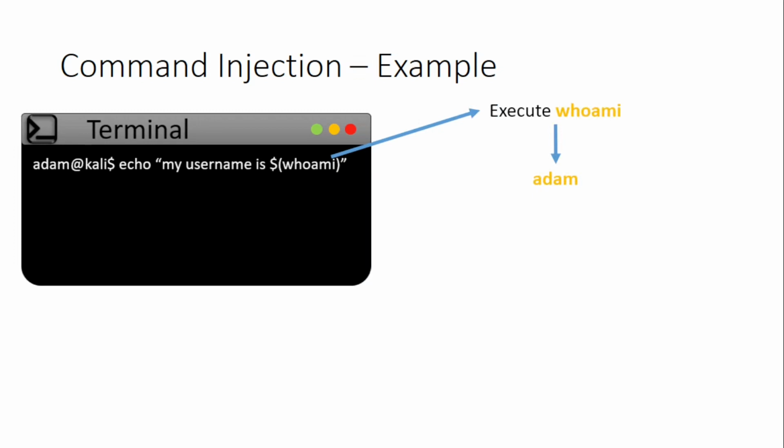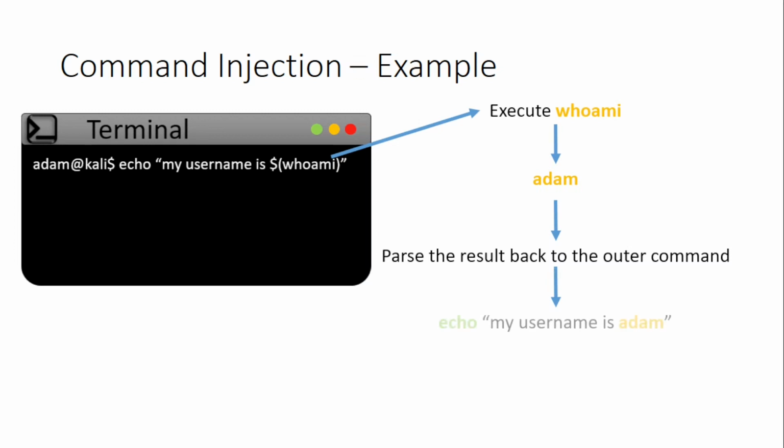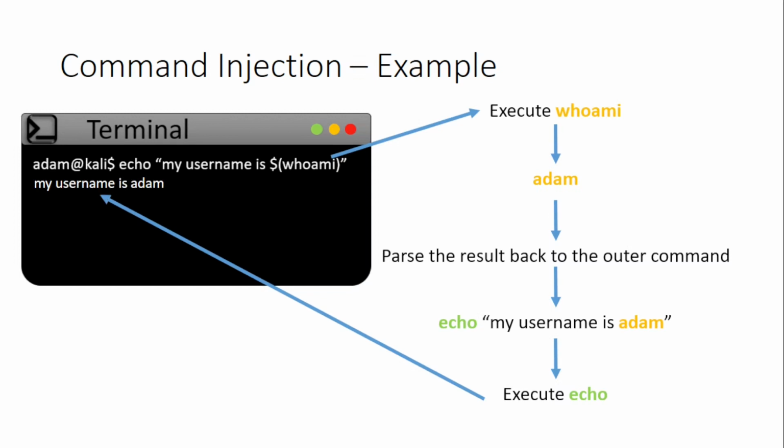We get the username, and after that the result is parsed and goes back to the outer command, which is the echo one. So it ends up being echo my username is Adam, and then the echo is executed, and we end up with this result.